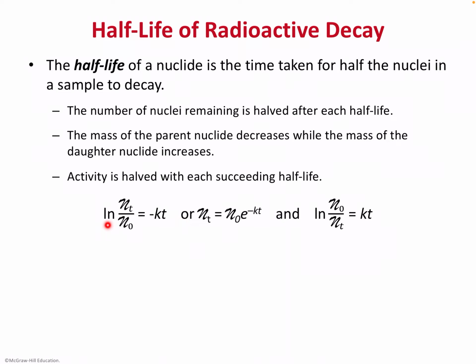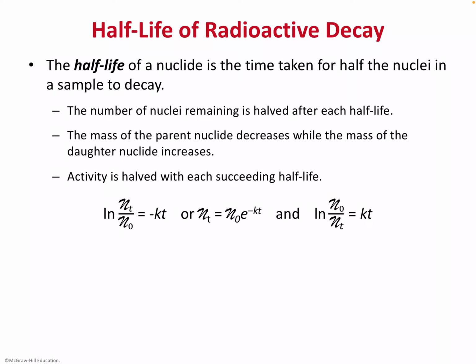Or we can rearrange this ln term to make it exponent: Nt equals N naught e to the negative kt. And the same ln expression, if you want to get rid of this negative, we simply can flip this: ln N naught over Nt equals kt.